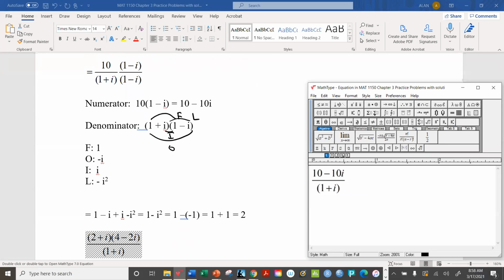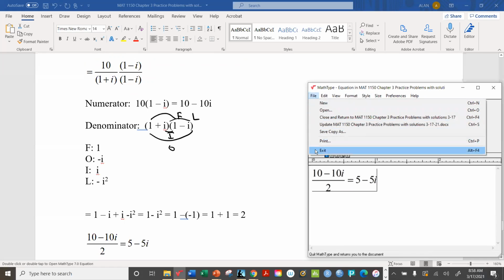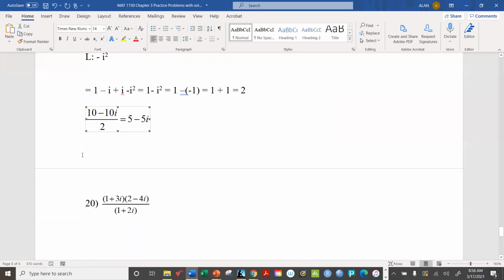In the denominator, we just have 2. So look how easy this is, because this reduces to 5 minus 5i, and we're done. Ooh, that worked out rather well, I must say. Who would have thought that that would reduce to something so simple?